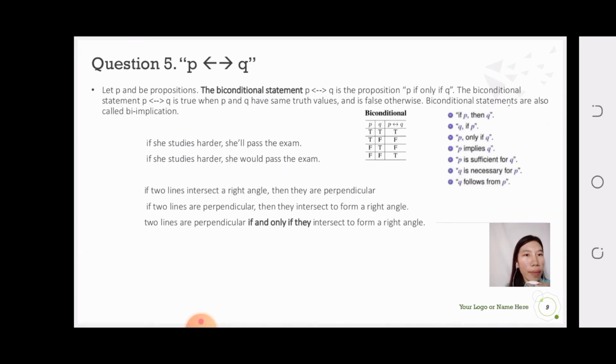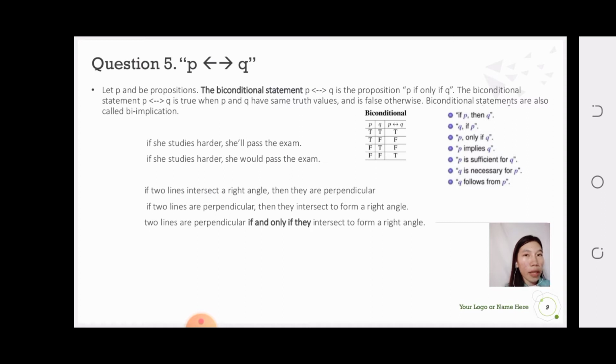So, question number 5. Let P and Q be propositions. The biconditional statement is a proposition P if and only if Q. The biconditional statement is true when P and Q have the same truth values, and is false otherwise.